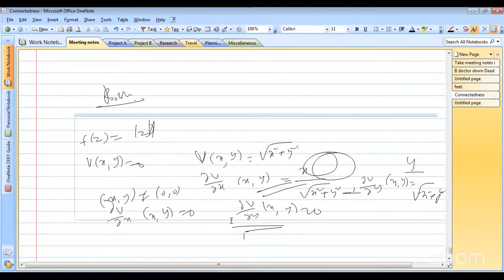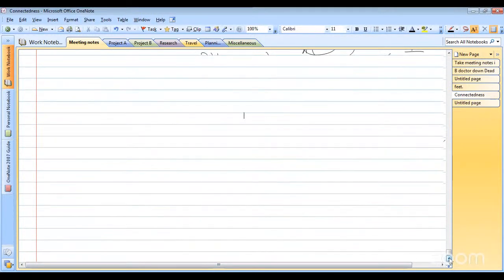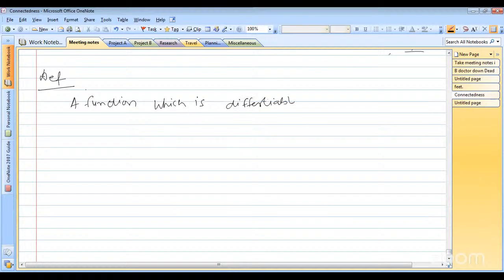Now, another definition: a function which is differentiable at every point of the region R is said to be analytic.